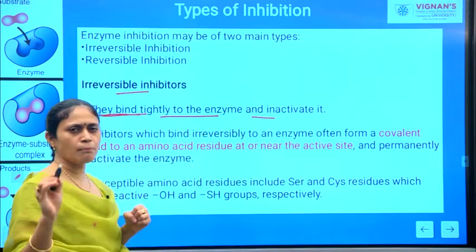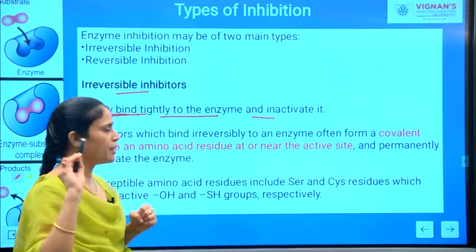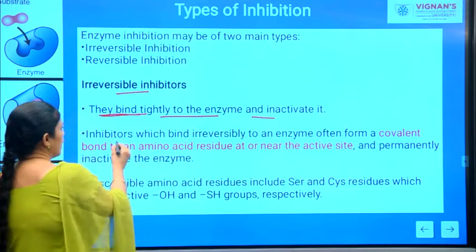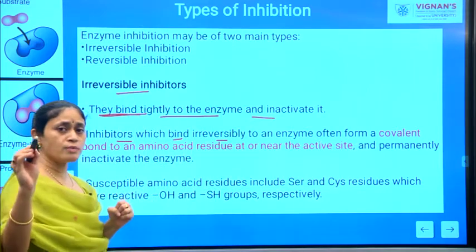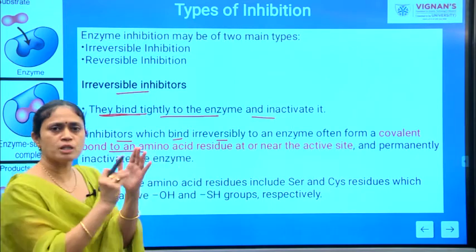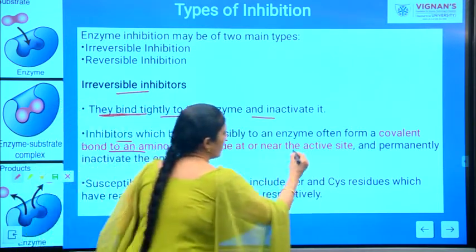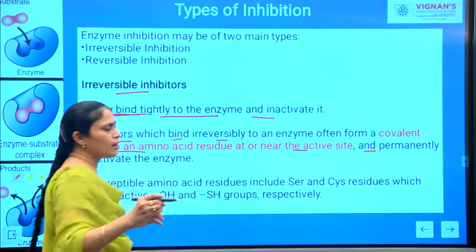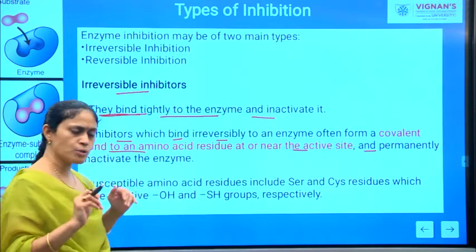This is a major important property of an irreversible inhibitor. Along with this, these inhibitors often form a covalent bond to an amino acid residue present in the active site of the enzyme, and they will be inactivating the enzyme permanently.